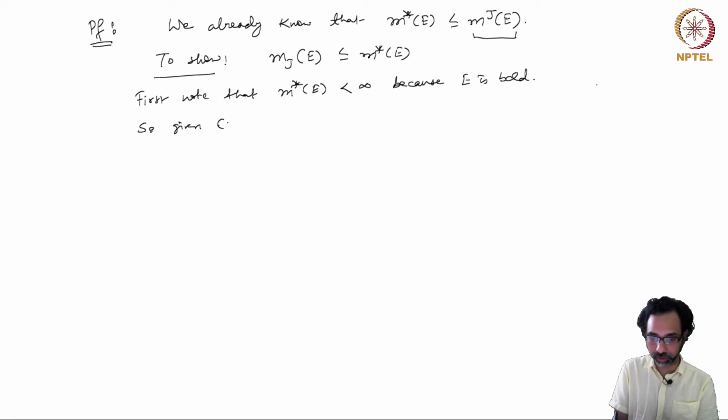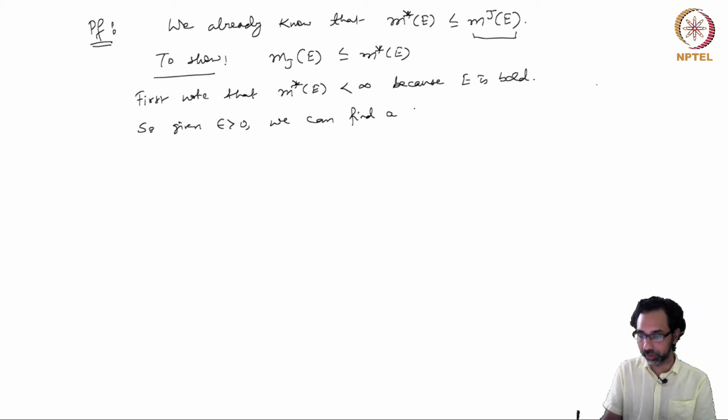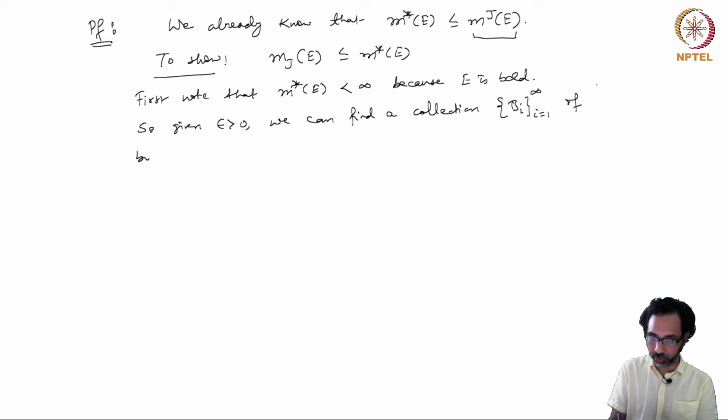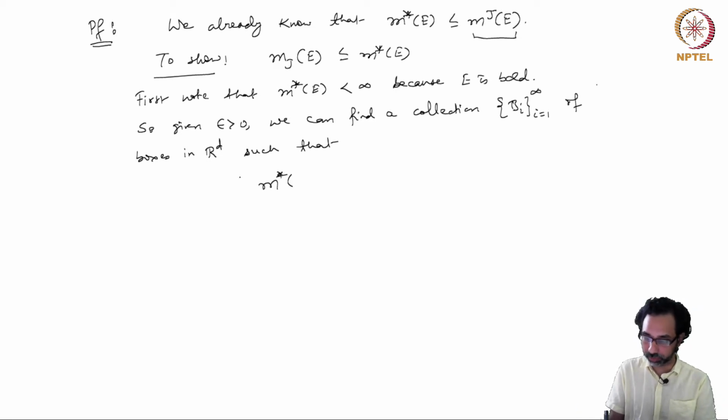So given epsilon greater than 0, we can find a collection B_i, i equal to 1 to infinity, of boxes in R^d such that the sum from i equal to 1 to infinity of m of B_i is less than or equal to m star E plus epsilon.